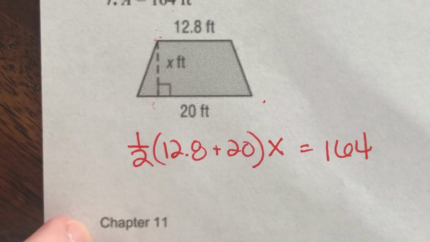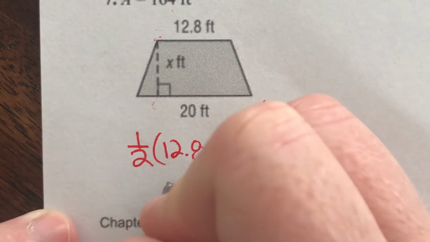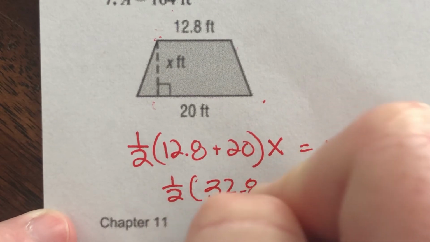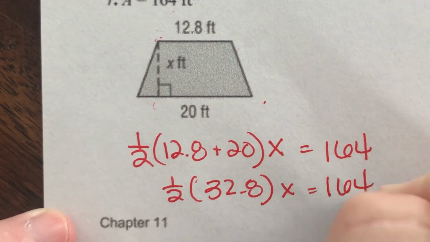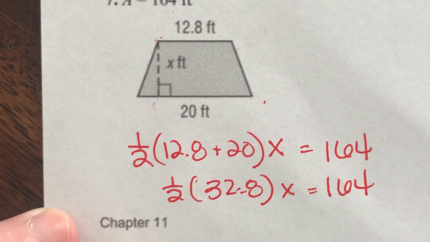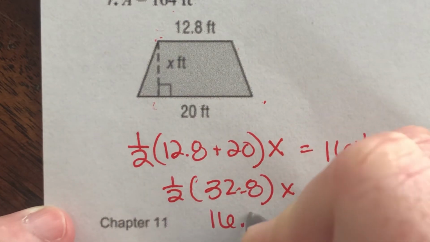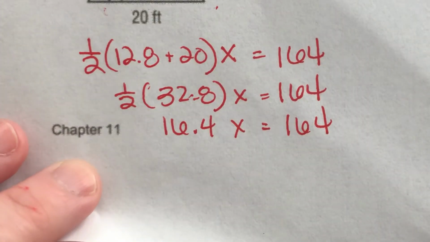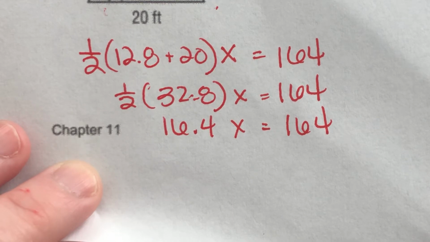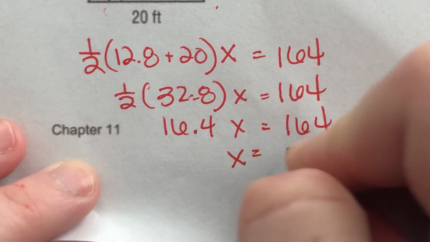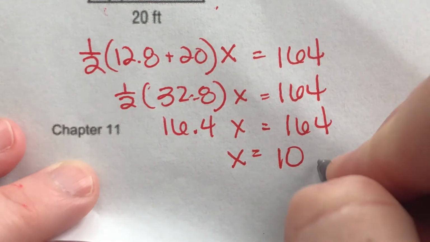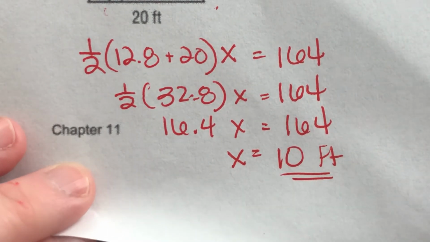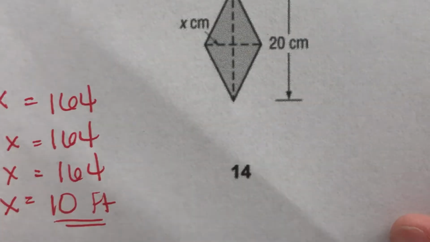All right, 12.8 plus 20 is 32.8. 1/2 times 32.8 times x equals 164. 32.8 times 1/2 is 16.4. And then if I divide both sides by 16.4, I think I get 10. Yep. X equals 10, and our units of measure are in feet. X equals 10 feet.